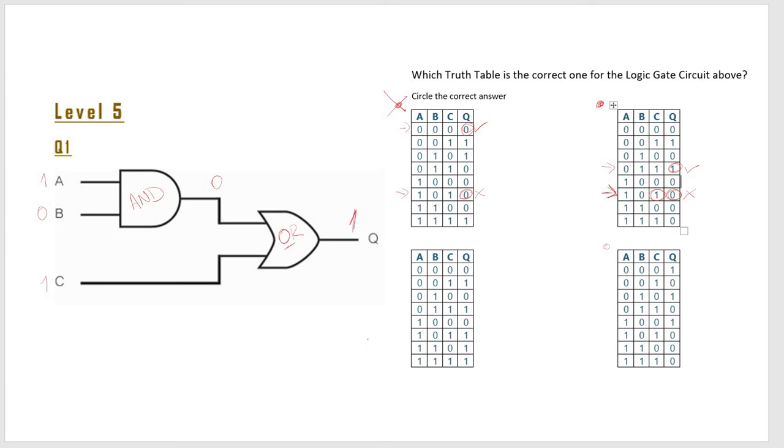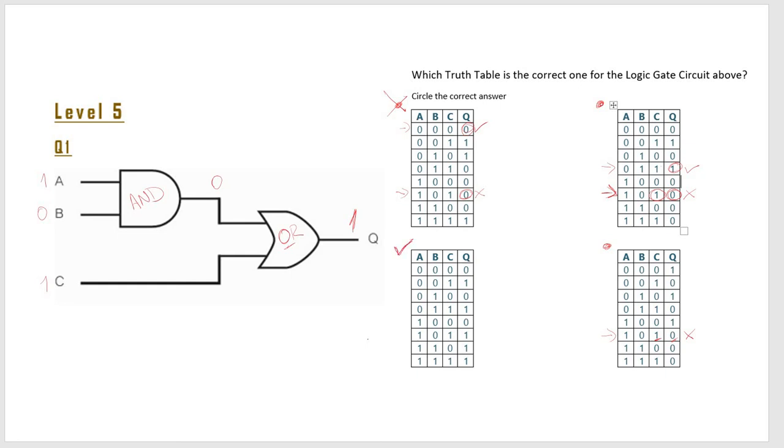If I look at this truth table over here, let's have a look at this pattern as well. We can see that because C is a 1 here, but the output is a 0, this truth table is wrong as well. So you see, I'm eliminating these truth tables based on just a few patterns from them, which by process of elimination just happens to tell me that this one is the correct one.